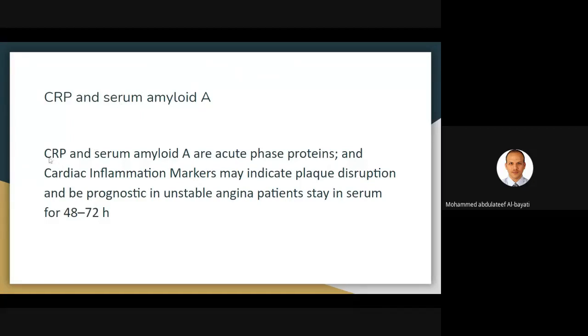Now we use high sensitive C-reactive protein instead of the C-reactive protein. Both C-reactive protein and serum amyloid are acute phase proteins and help in assessment of cardiac inflammation, indicating plaque disruption and being prognostic in the unstable angina patient, and they stay in the serum for up to 3 days.